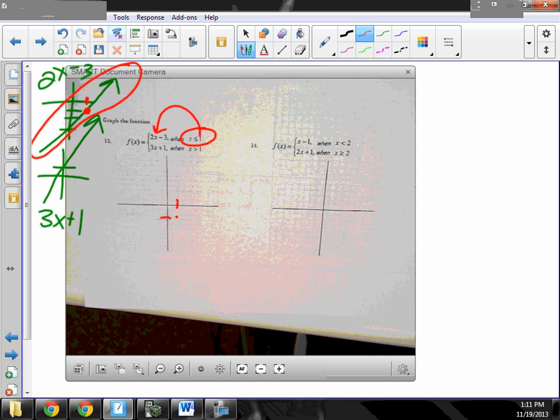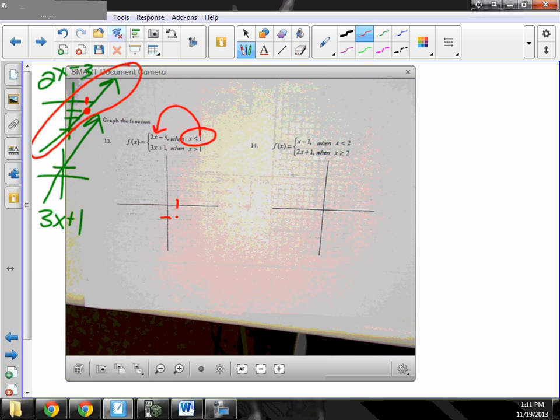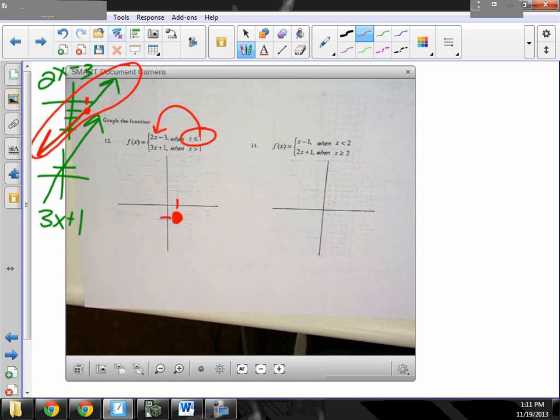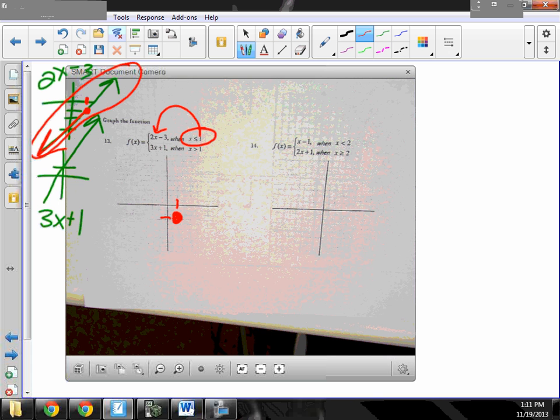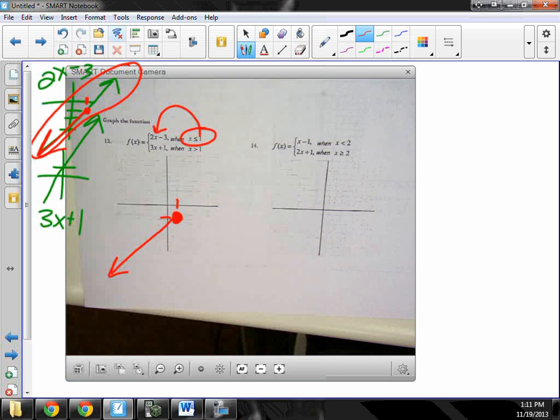Is this going to be an open circle or a closed circle? Closed circle. And am I going to draw the line to the left or to the right? Well, it says every x value smaller than 1, so I'm going to do this portion of the graph right there. Yeah, as long as it's heading in the right direction, that's okay. All right.